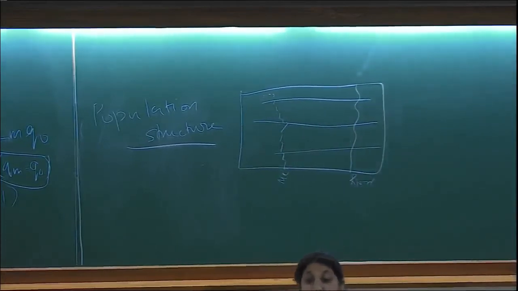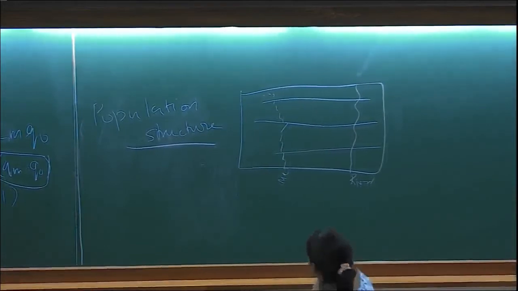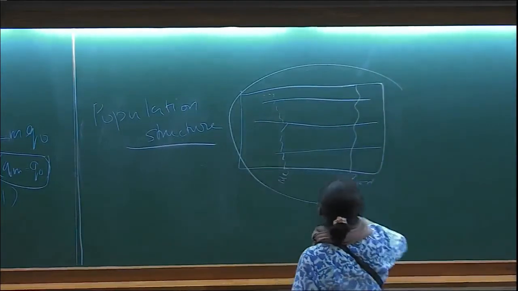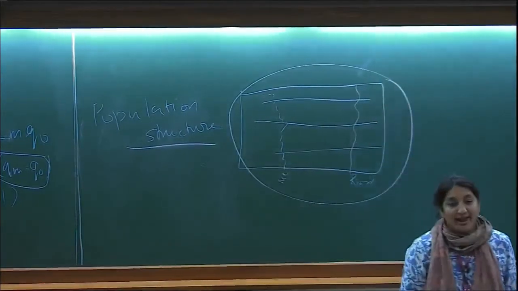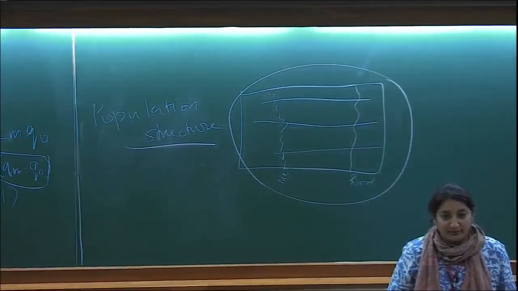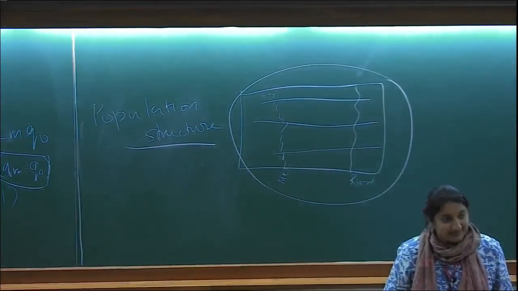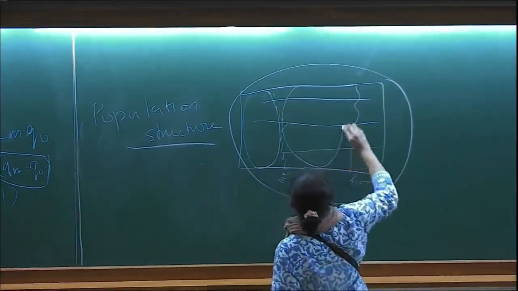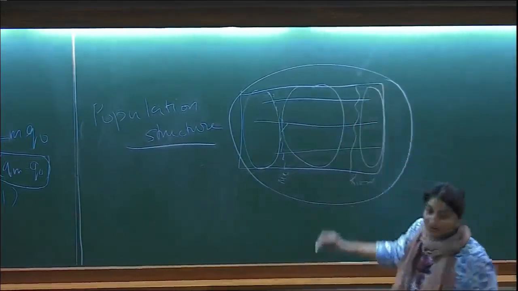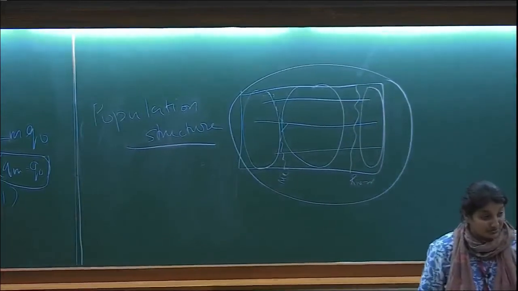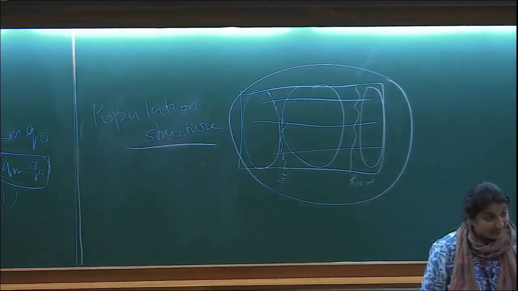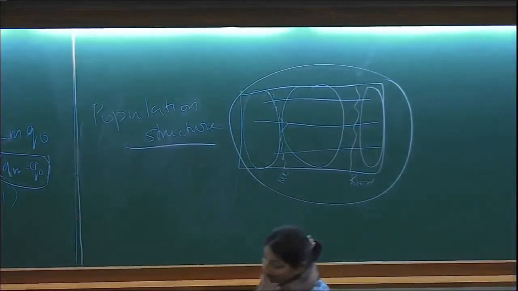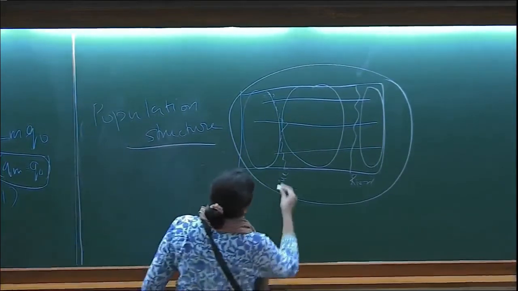If there is one population, then this whole thing should behave and be in Hardy-Weinberg equilibrium, right? If there are three populations, you should have three subgroups, okay? So before we go there, I'll talk to you about something called the Wahlund effect.